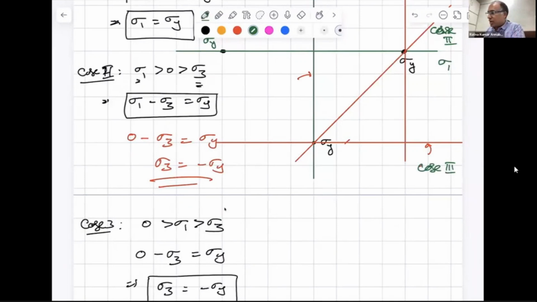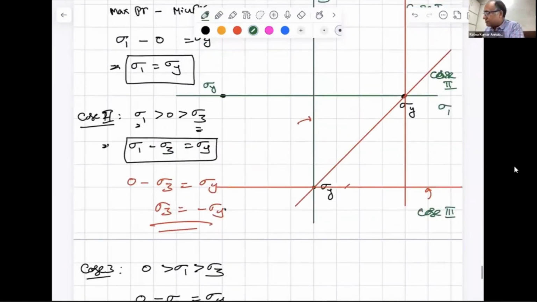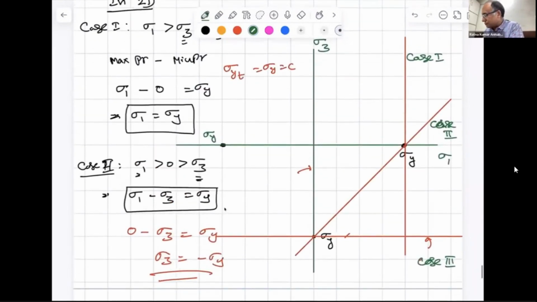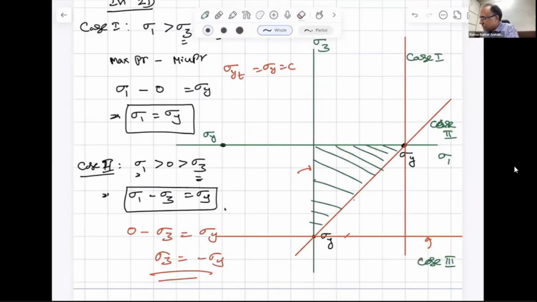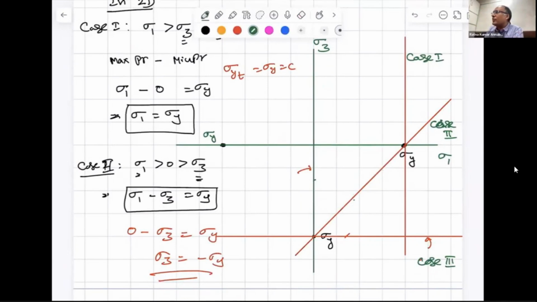So the bounding area of all three of them is where? This is case 2, case 1, case 3. Right? So this is the scenario where sigma 1 is greater than sigma 2 is greater than sigma 3.